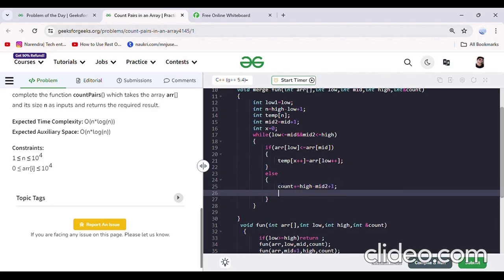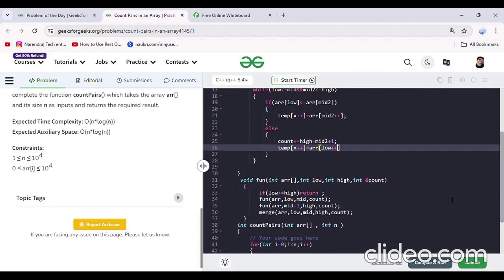Now temp of x plus plus is equal to ARR of low plus plus. I am sorry, here I have to put mid. Here also I have to take mid. Here also I have to take mid 2. Now here I am taking ARR of low is greater than ARR of mid 2, so low plus plus.